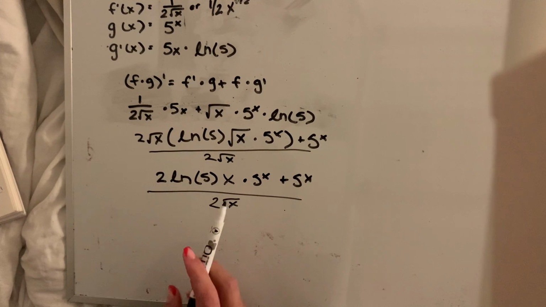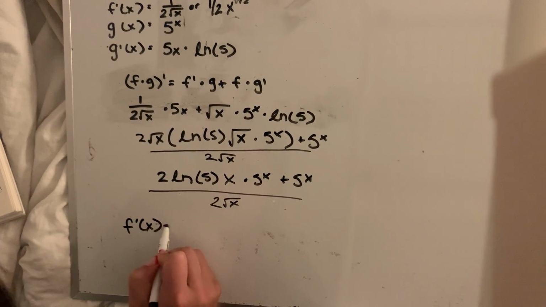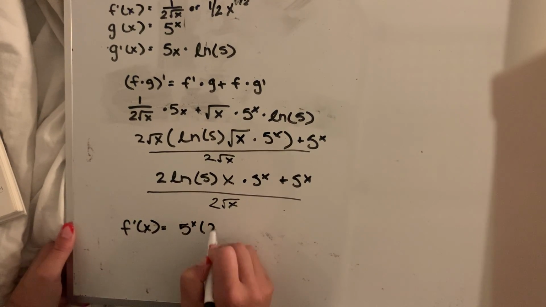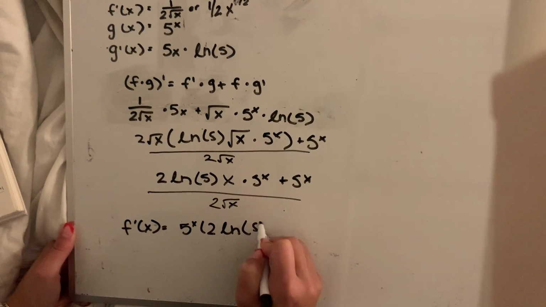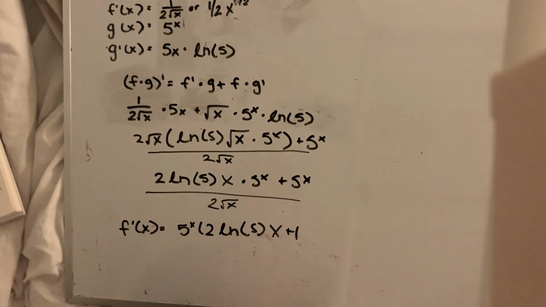And then to simplify that even more, which is going to be our product, is going to be 5^x over 2 square root of x times 2 ln 5 x plus 1.